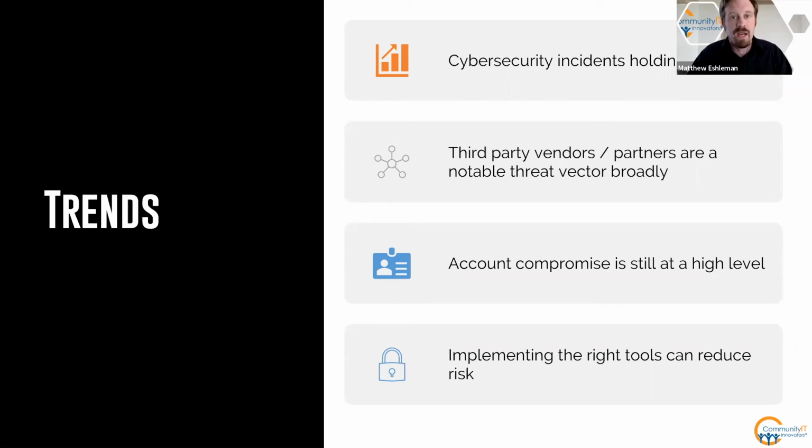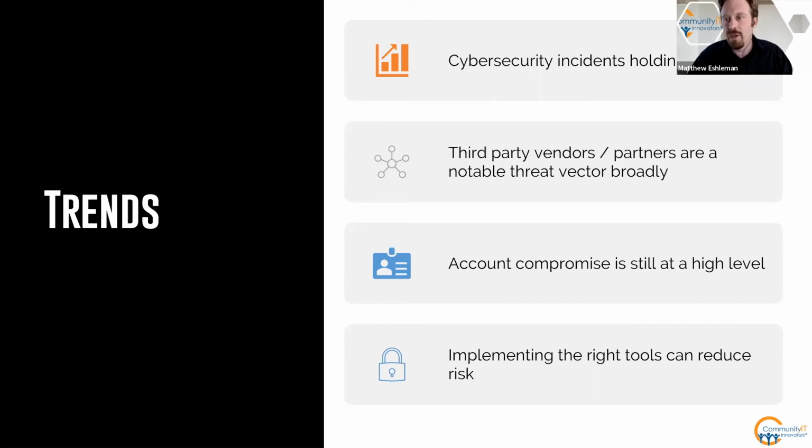As organizations rely on third-party vendors to provide services and host data, it's important to understand what protections are in place, how your data is being managed, and how you can recover. Just because it's in the cloud doesn't mean you can forget about it. So I think that's an important takeaway.